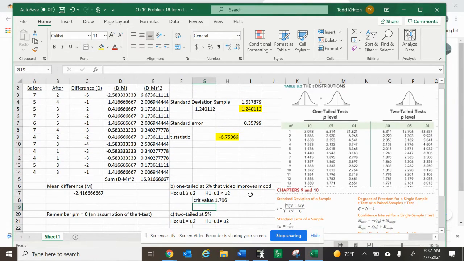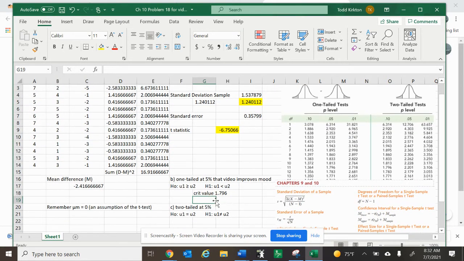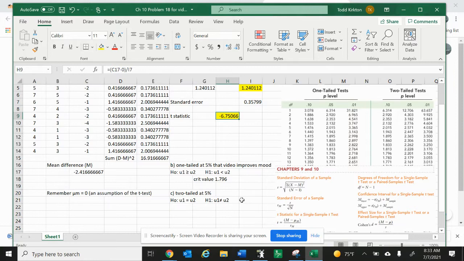So the decision would be, we'd either use positive or negative 1.96. We're trying to see if the scores were higher. They're actually lower. So this actually would be fail to reject because it would not be in our critical region. This t is really big, but it's in a negative value.